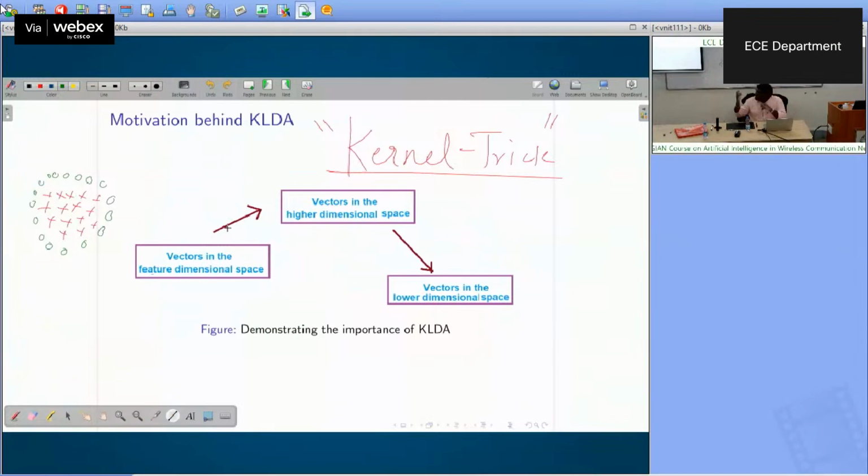In practice, what dimension I have to map to is the question, right? And that is where the kernel trick comes into the picture, where we don't really map to the higher dimension. That is the interesting point. I said we need to map to the higher dimension, but it doesn't really map.